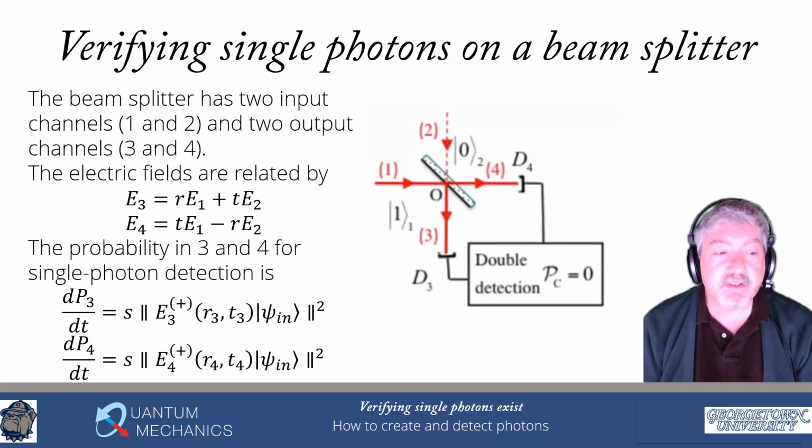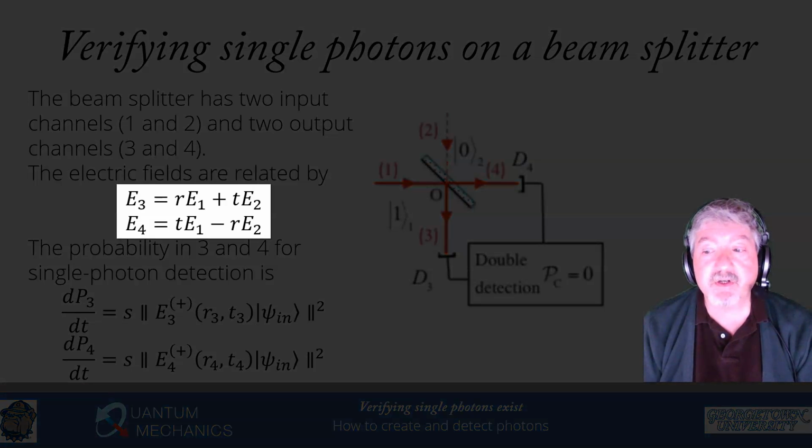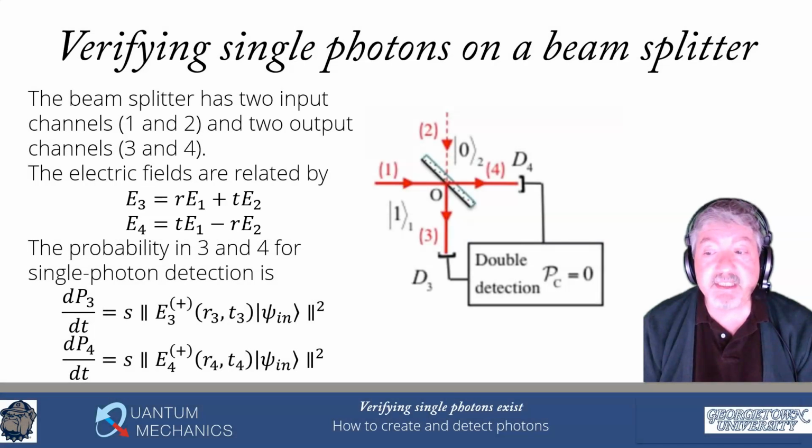And similarly in the fourth port, it's the same thing, but I'm going to use E4(+). To get E3 and E4, I use that formula above and express it in terms of the input amplitudes E1 and E2, which is what I know from my input photon state. And if it is a single photon, I should not get any double counts within the measurement window, which will be a few nanoseconds that I'll be doing the measurement.